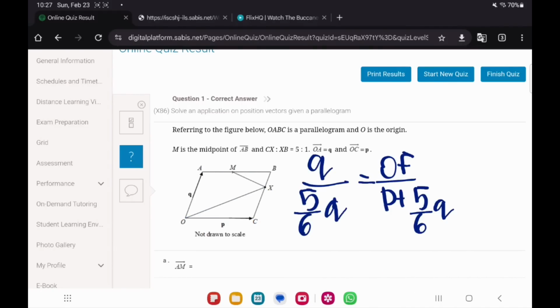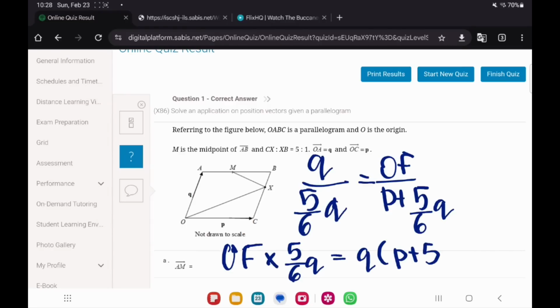Okay, so now let's do cross multiplication. So OF times 5 over 6Q equals Q times P plus 5 over 6Q.